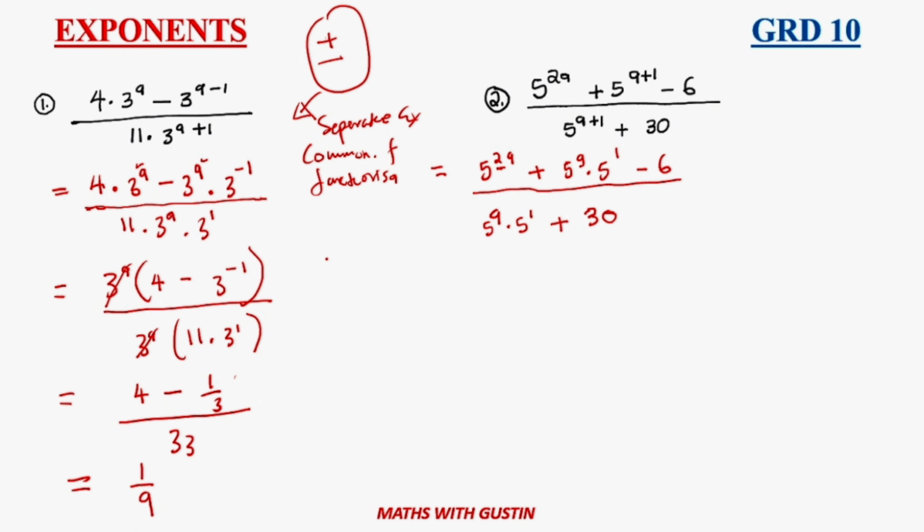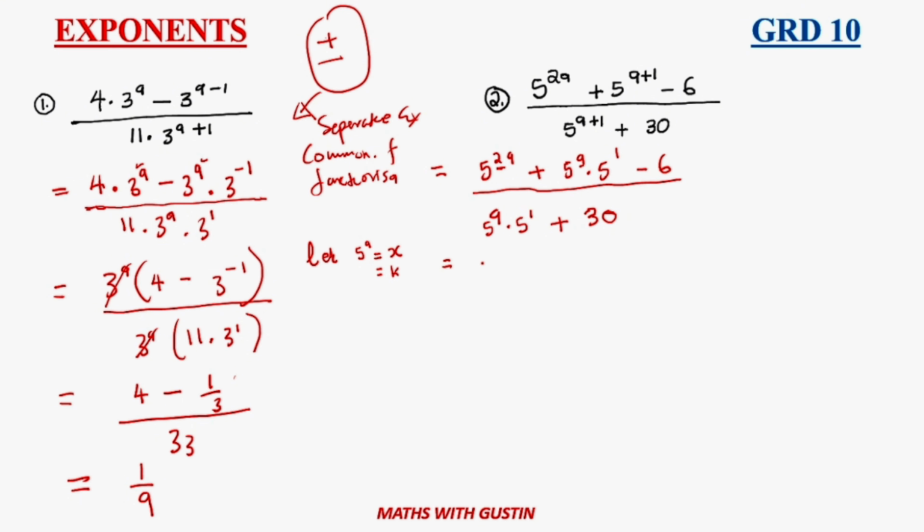The best thing to do in this case is to let 5 to the power of a be equal to x or k. I see other books, they will say k. It doesn't matter. You can also say k, but in this case I will say x so that it looks familiar.